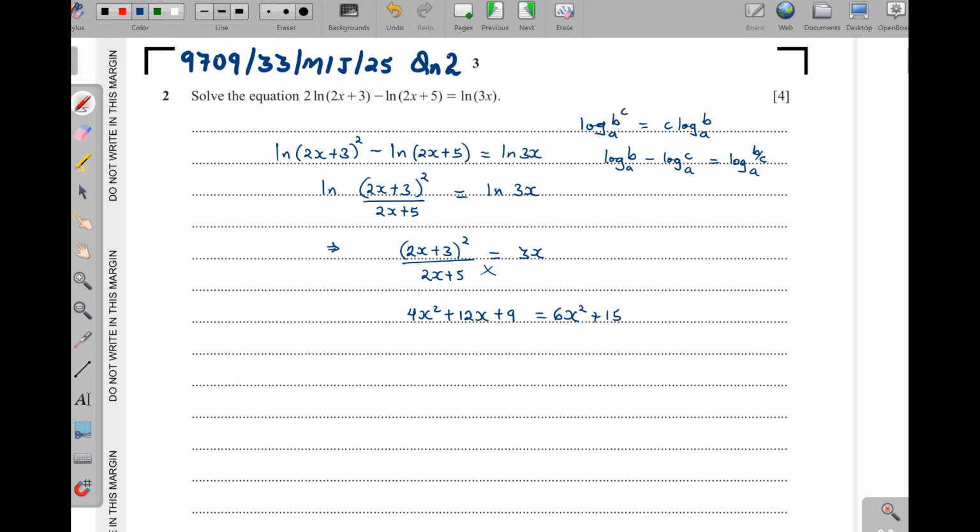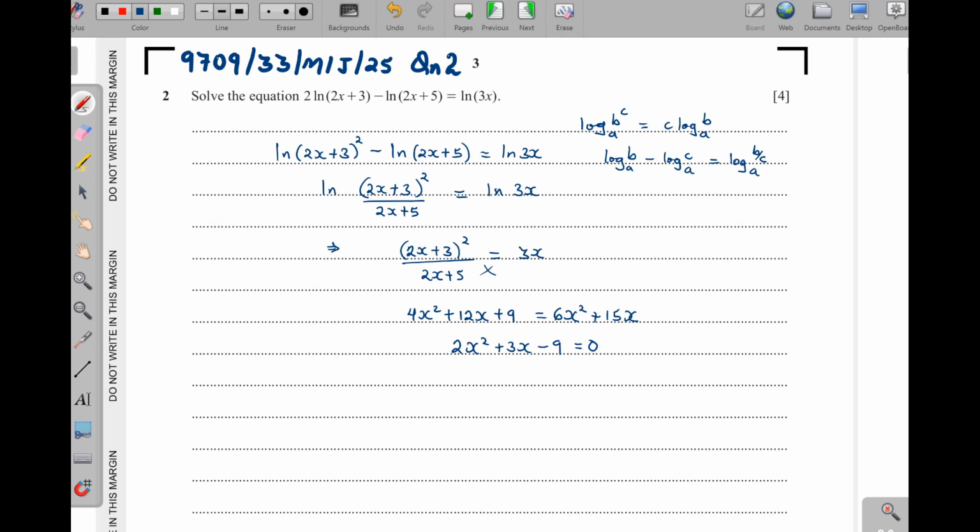That is 15x. Then we can take everything on one side to form a quadratic. 6 minus 4, you will get a 2, x squared. Then 15 minus 12x, that one will give us a positive 3x. And then when 9 crosses, it is also minus here, which is equal to 0. So this is a quadratic we have gotten.